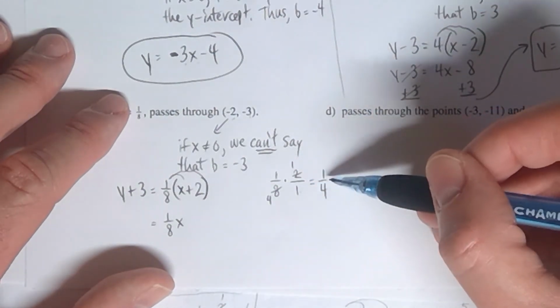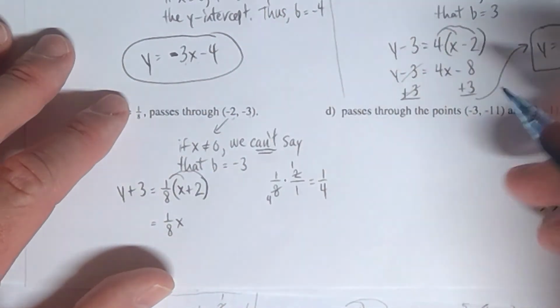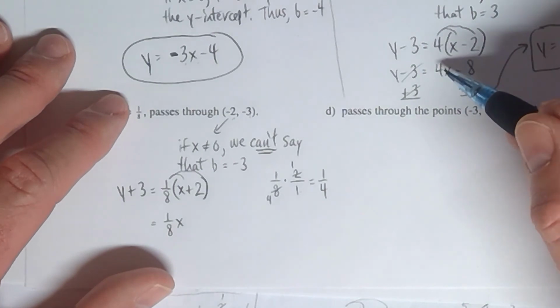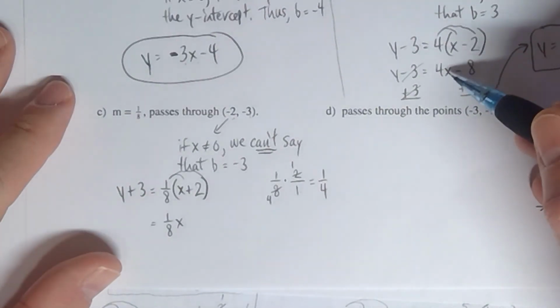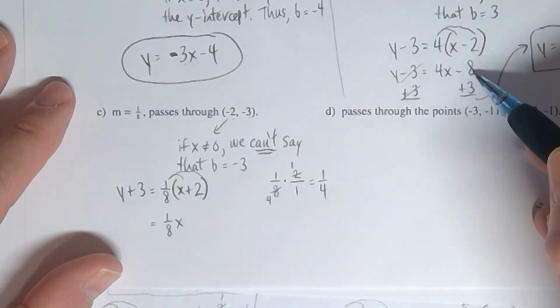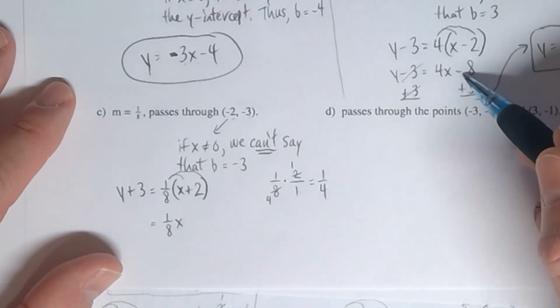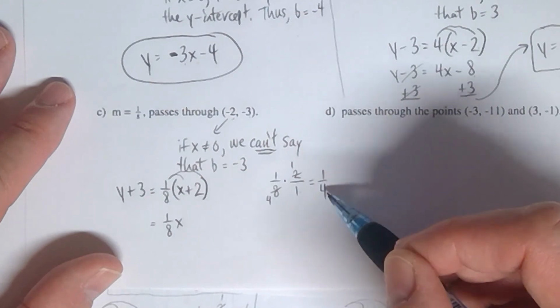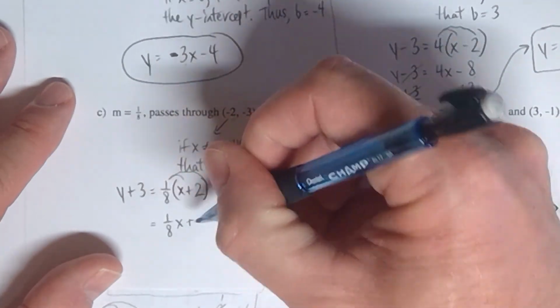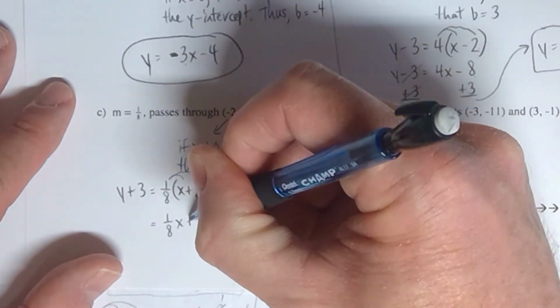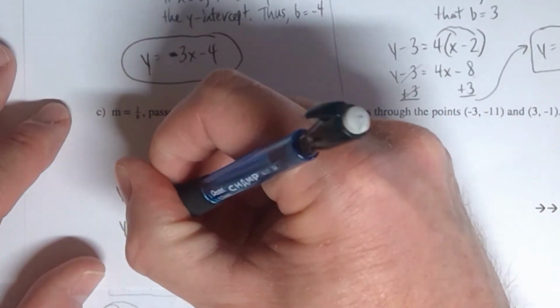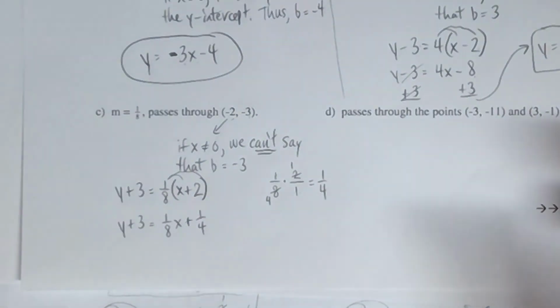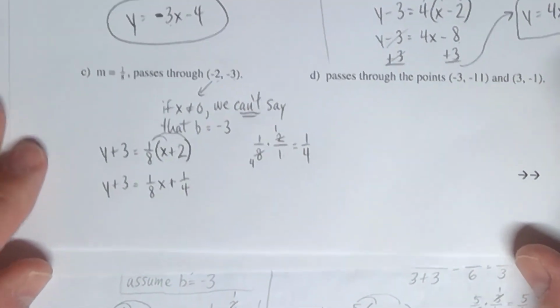Now notice that this is positive, and as you guys know, when you distribute, you've got to put pluses or minuses in between your answers. So I put that minus in between the 4x and the 8 because it was -8. In the same way, since this is positive 1/4, I've got to remember to put that plus in front of it. So it's always tougher when we're working with fractions here, but we just got to be careful.